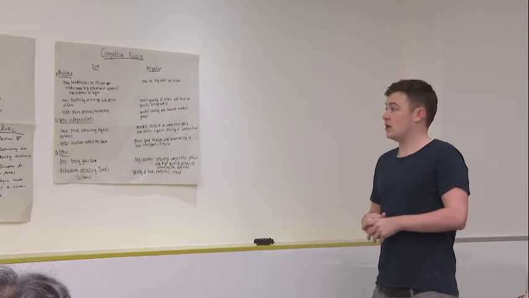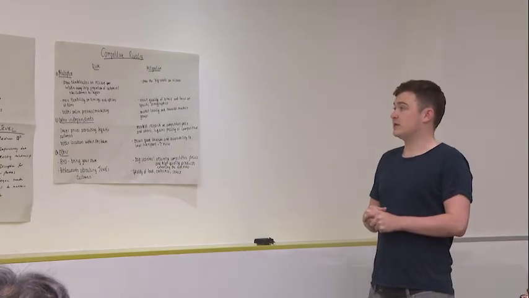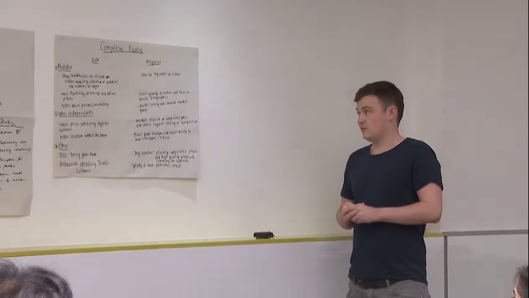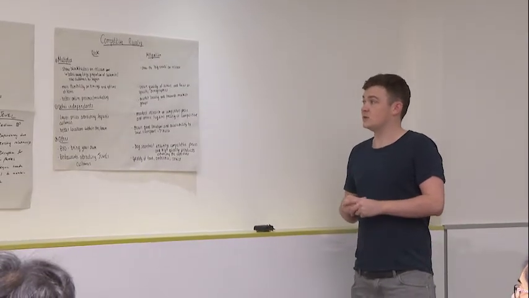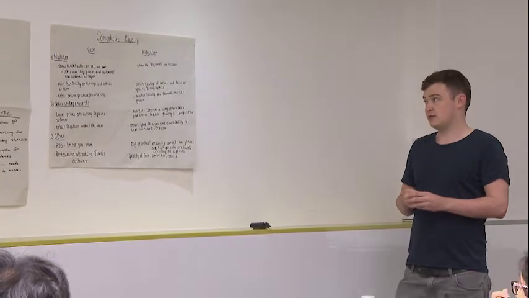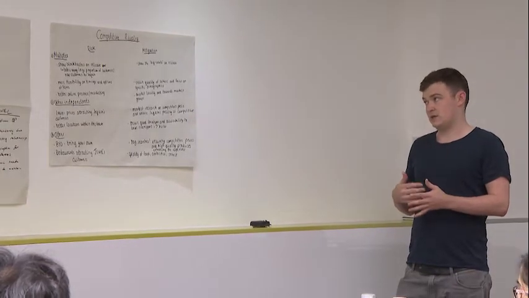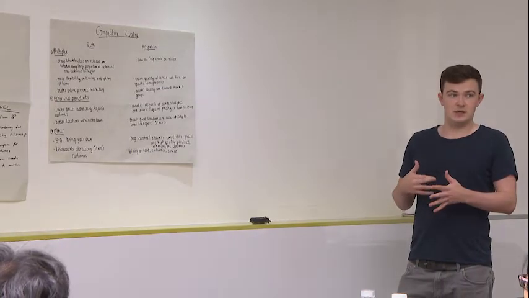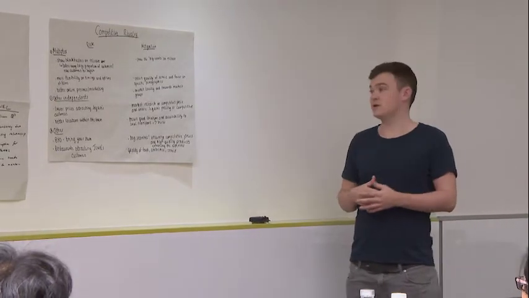The multiplexes offer more flexibility on timings and options of films. For Sequin, in order to mitigate this, we need to ensure the quality of service and a focus on specific demographics that we've identified, being the over 55s, students, families, and young professionals.